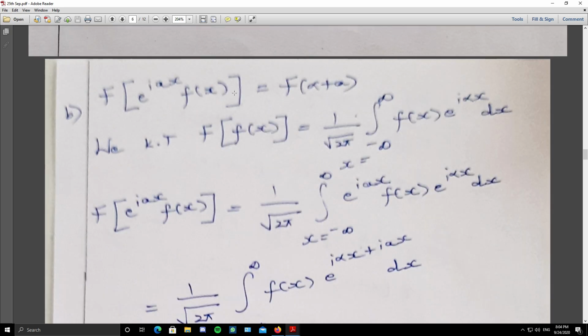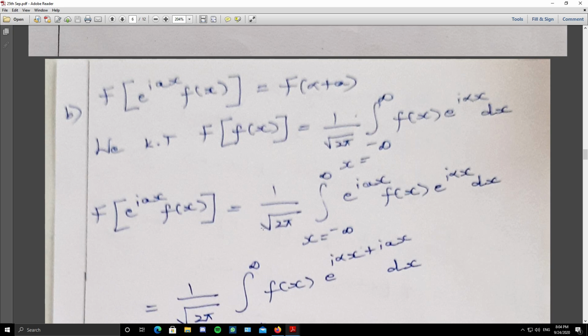I repeat, start with the definition. The transform of f of x is defined as 1 by root of 2 pi integral minus infinity to infinity f of x e power i alpha x dx. So in place of f of x, what do you have? e power iax f of x.